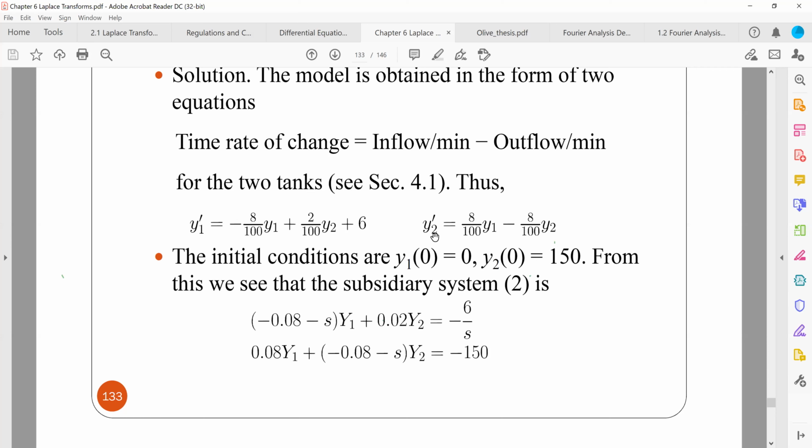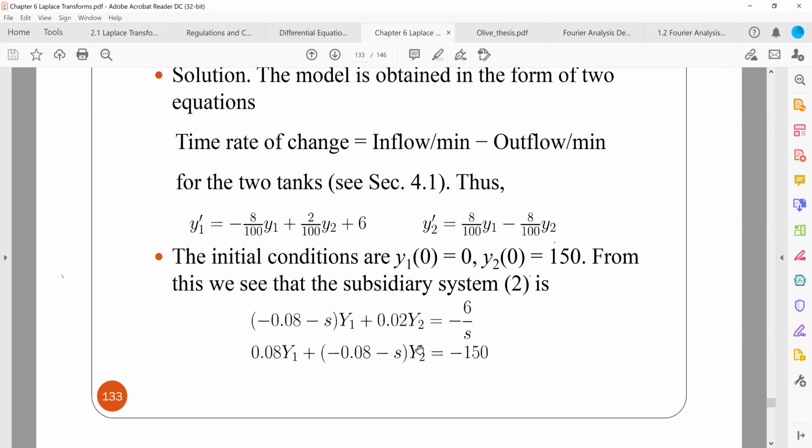Here, because we have an initial condition, when you take the Laplace transform of this, the initial condition of 150 will come into play, unlike here, where the initial condition of Y1 was 0. So when you take the derivative of this term, you'll just end up with Y1.